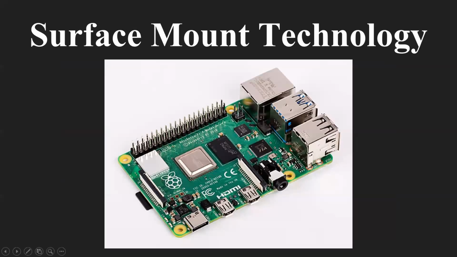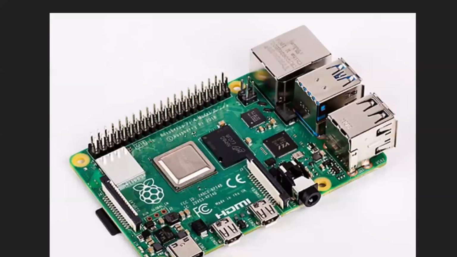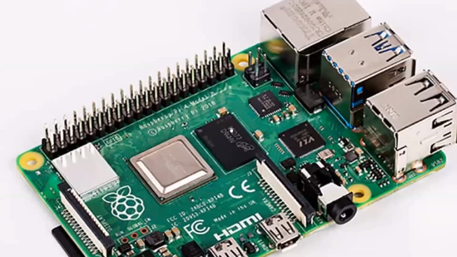This is, I must say, the advanced or the latest example of surface mount technology. Everybody can see that all the ICs are connected on the surface, and the name says surface mount technology. Any electronic component which is mounted on the surface of the PCB, that technology is named surface mount technology, and the device being used in it is known as a surface mount device, SMD.